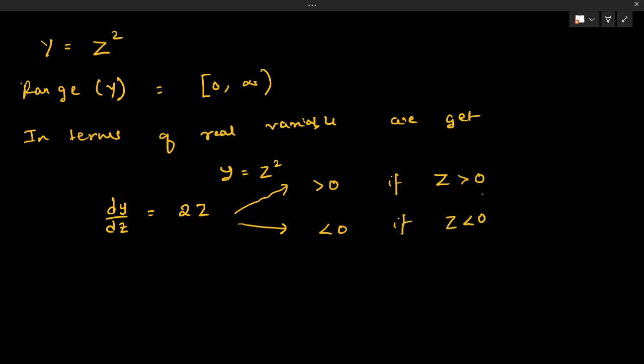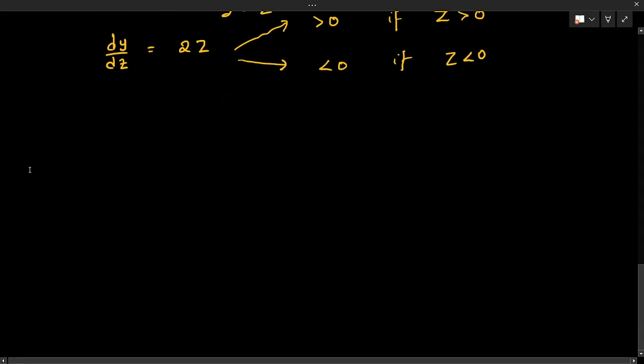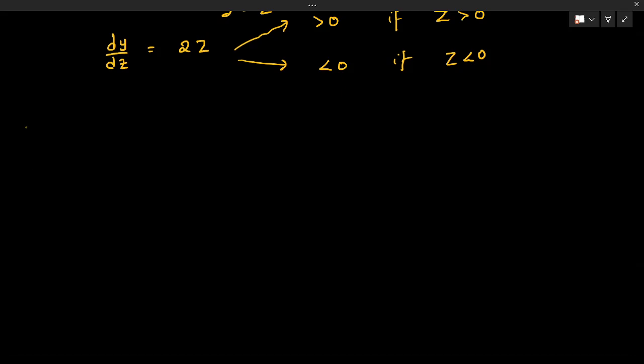In other words, y is not a monotonic function, so we cannot apply the standard transformation formula here. So to solve this problem, we use the method of CDF, or cumulative distribution function.